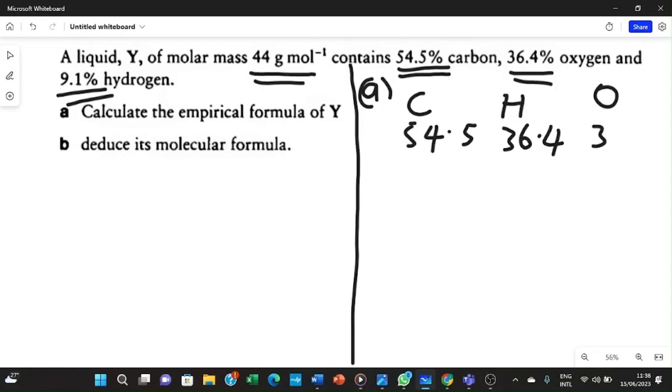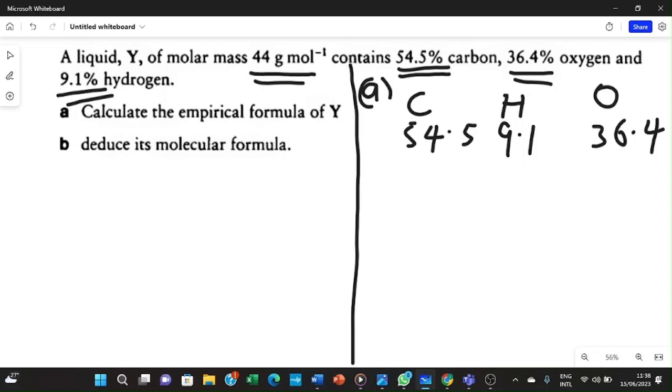Carbon is 54.5%, hydrogen is 9.1%, and oxygen is 36.4%. So the organic compound contains carbon, hydrogen, and what? Oxygen. From our previous class, I've explained in detail how you can calculate the empirical formula.